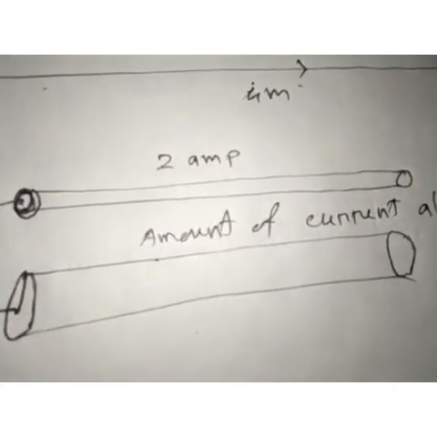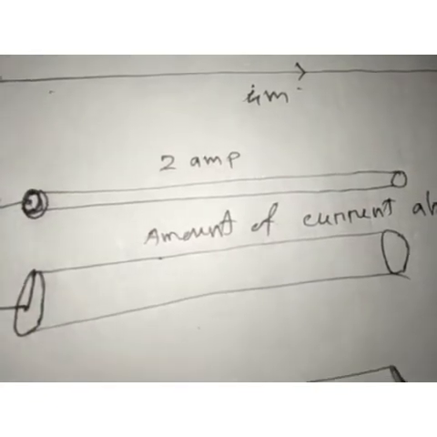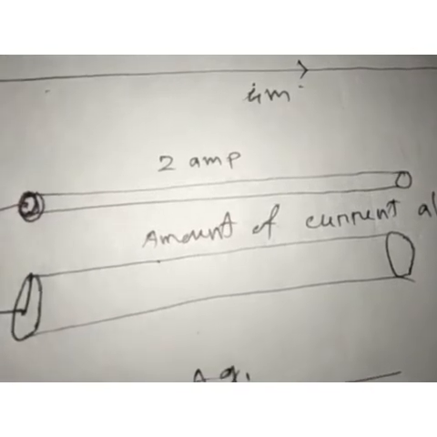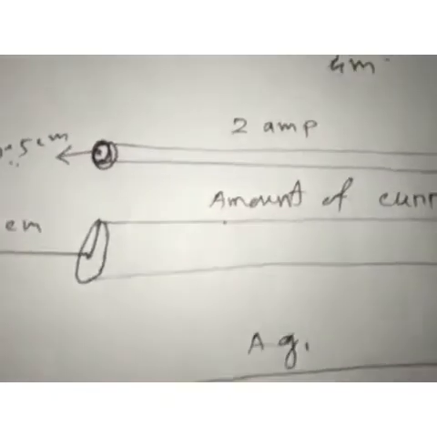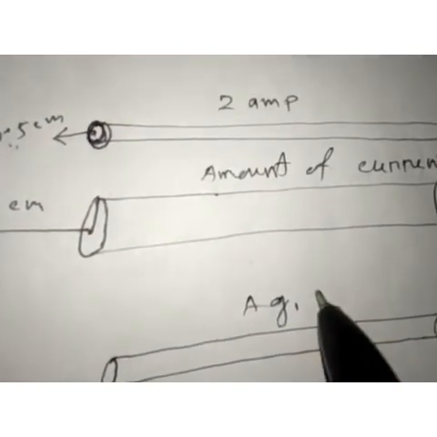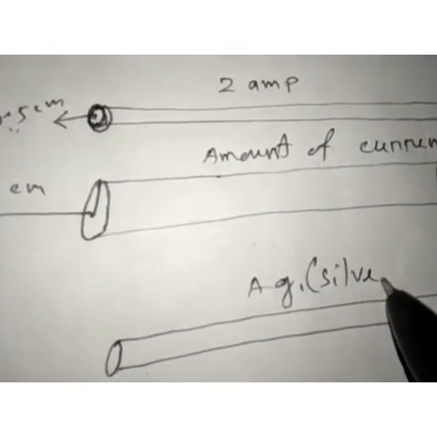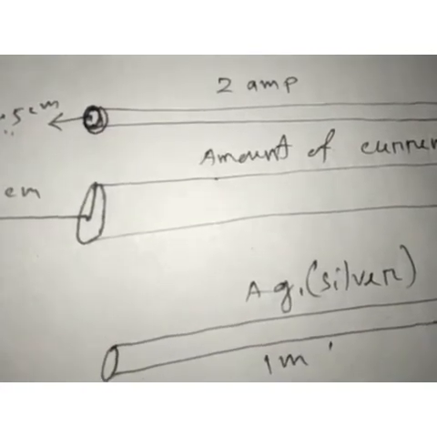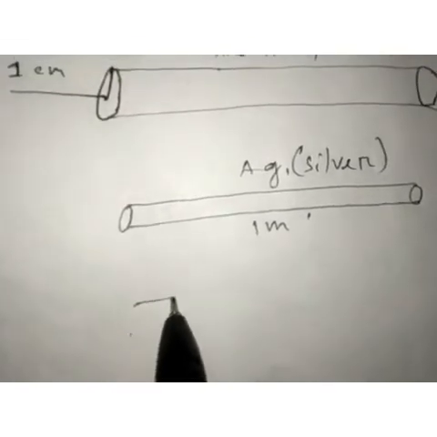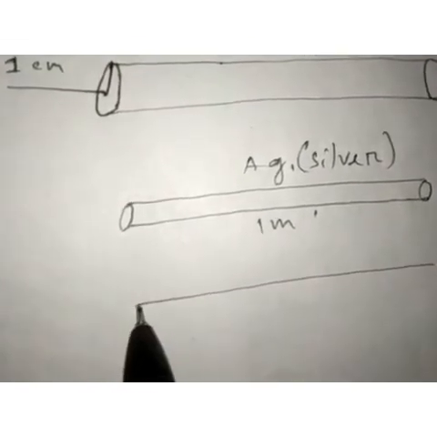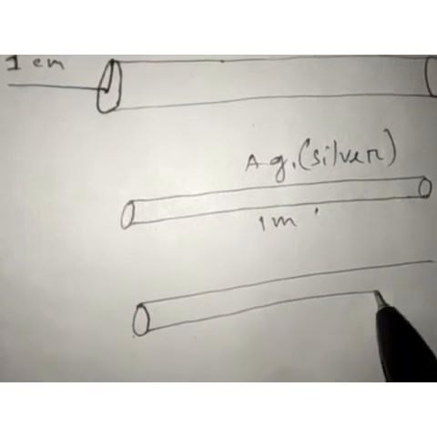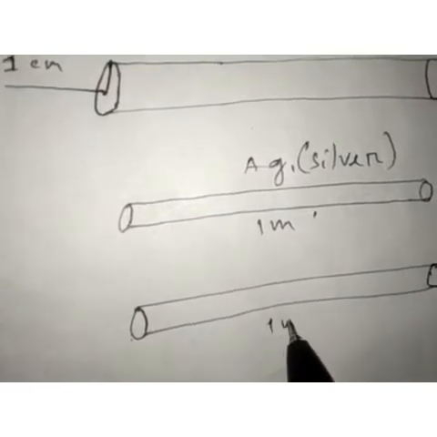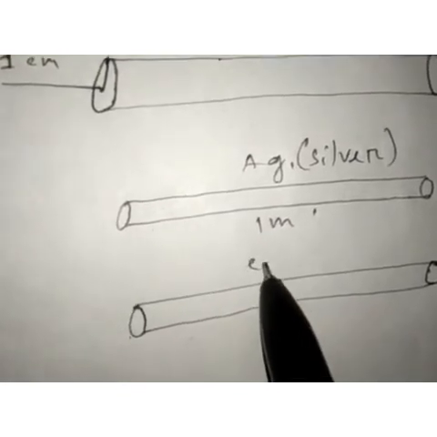But suppose this is a silver wire of 1 meter length, and another also 1 meter, but it is made up of copper.